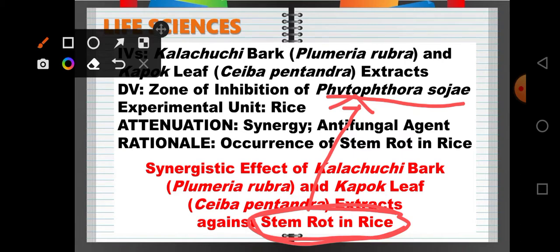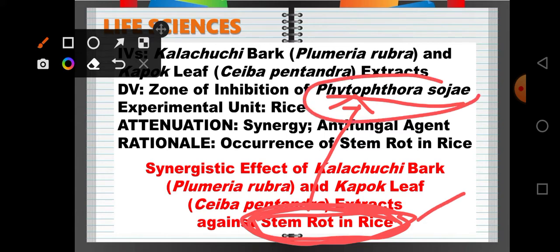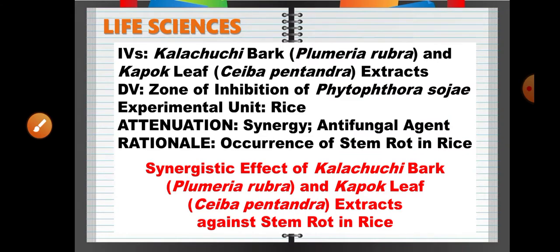But in this case, we are conducting a field experiment. That's why we chose to put stem rot in rice instead of against Phytophthora sojae. Okay? So I hope that is clear for you.